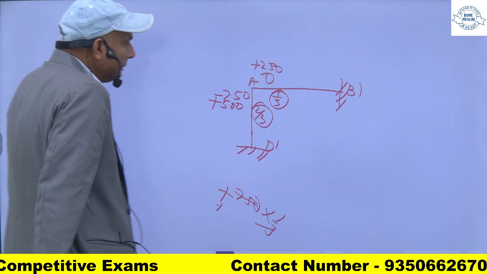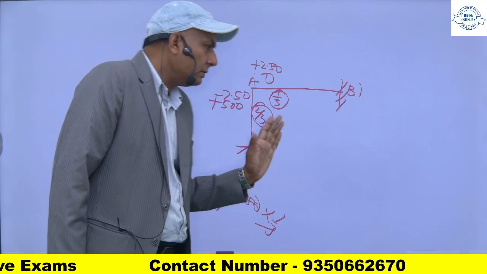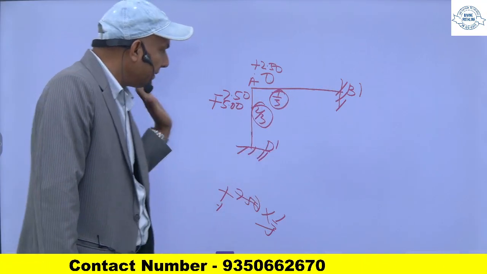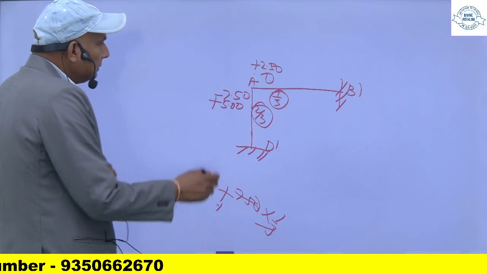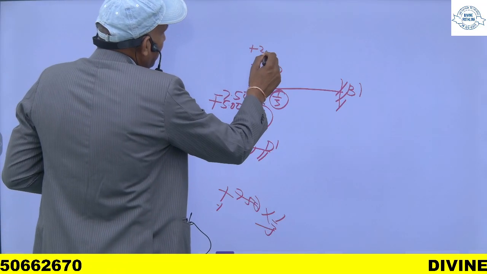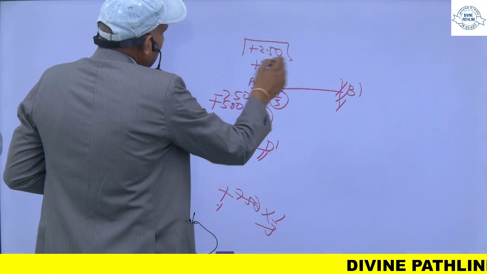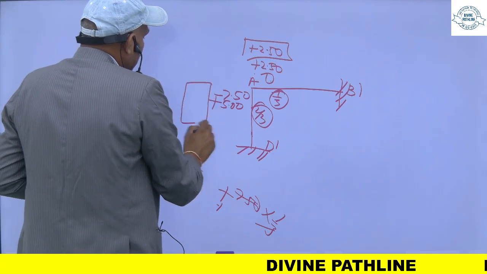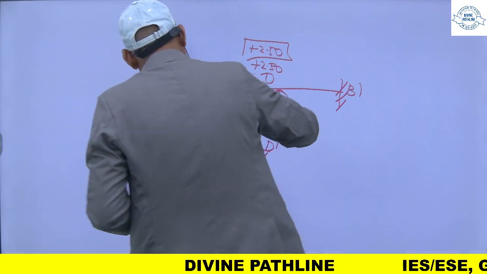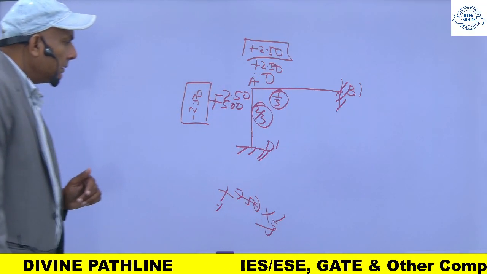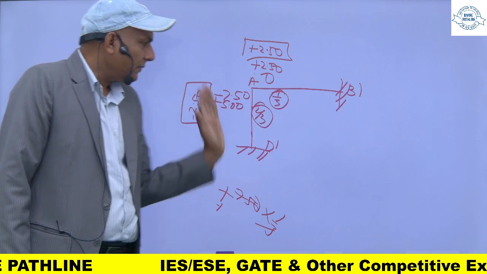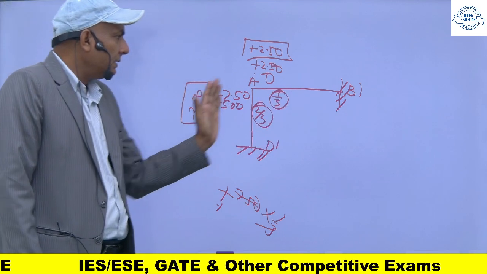Now this is a substitute frame, so no carryover for this and no carryover for this, and I will not take any moment for this. Now this will be plus 2.50, and this will be minus 2.50. No further analysis is required. Now these are my moments.